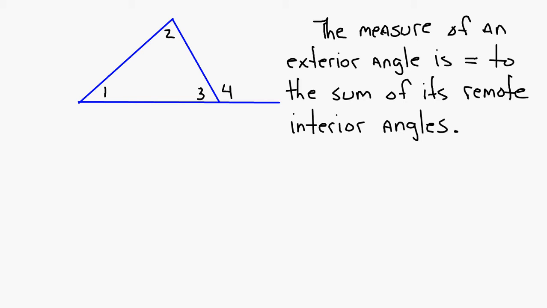Remote interior. Make sense? The sum of its remote interior angles. So the measure of angle 1 plus the measure of angle 2 is equal to the measure of angle 4.